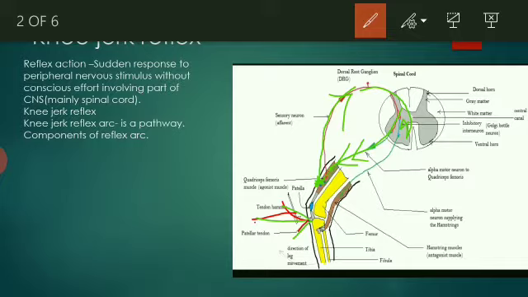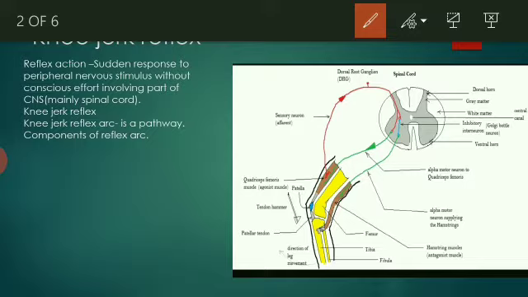This motor neuron finally makes the quadriceps muscles contract, and due to contraction of the quadriceps muscles, the leg suddenly moves forward. So this is the pathway in which impulses flow in the knee jerk reflex, and how it brings about sudden movement of the leg in one direction without conscious effort.